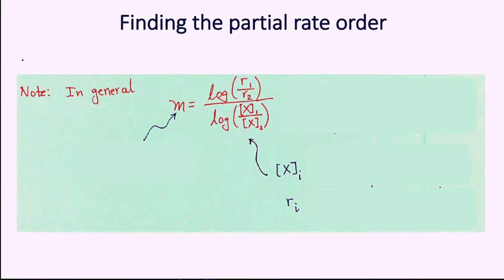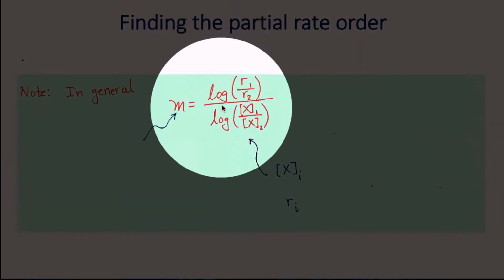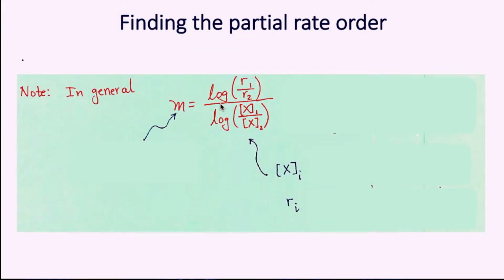Now, during class, we did some examples in which this relationship was relatively easy to catch by inspection, but I show you this one expression, a general way to find out the partial rate order. I'm going to ask you to use it for all the problems that you are going to be working on later on. I'm going to be using it for this video.